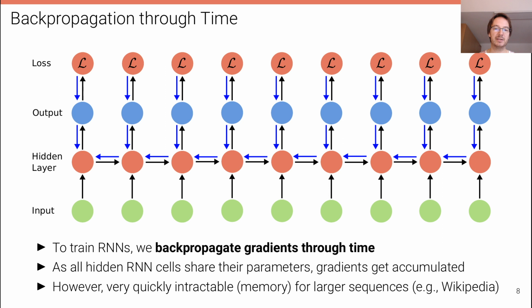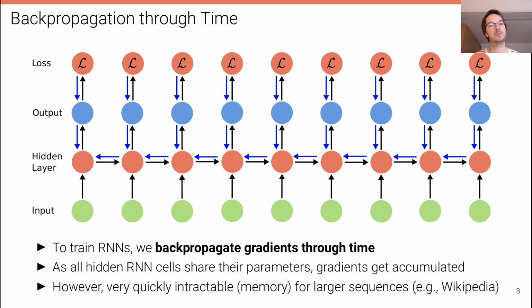To train RNNs, we need to backpropagate gradients over time, obviously, and the algorithm has a name. It's called backpropagation through time. The idea is very simple. If we have a many-to-many mapping problem here with inputs in green and outputs in blue, then for each of these outputs that we predict, we apply a loss function. This is supervised learning, so we know what the true output should be, and we can compare the true output to the predicted output with a loss function.